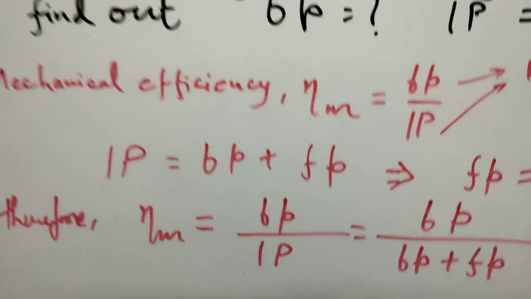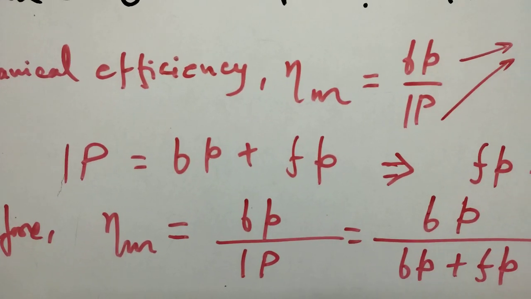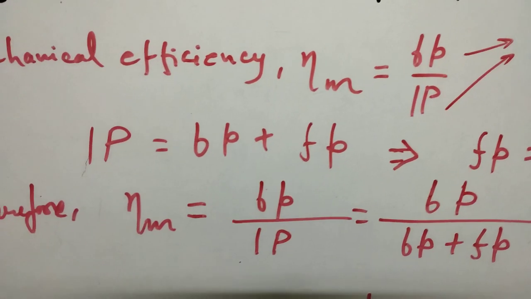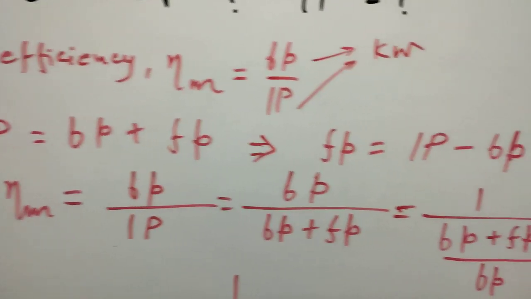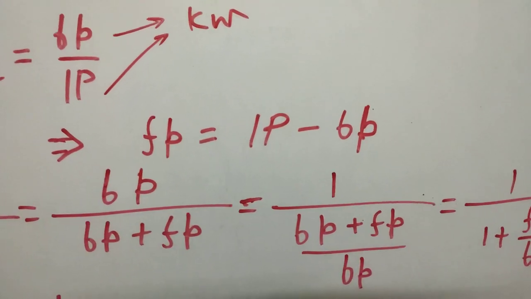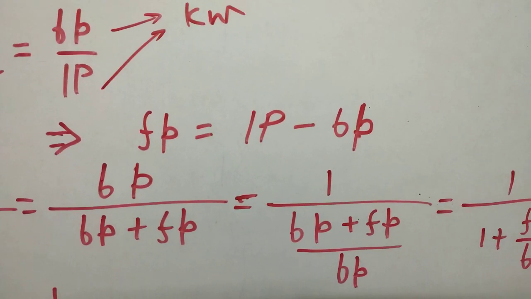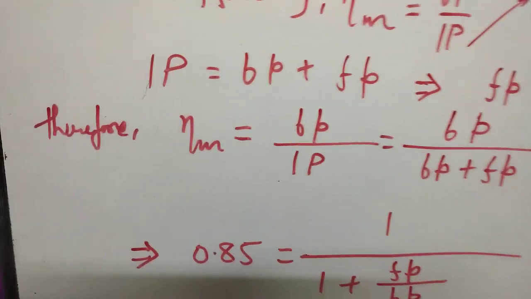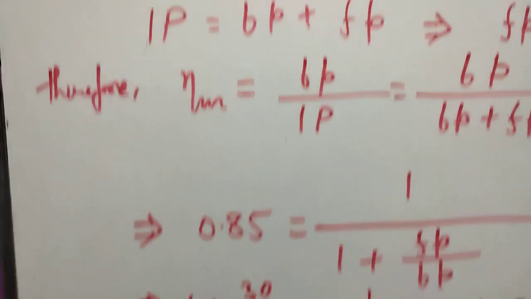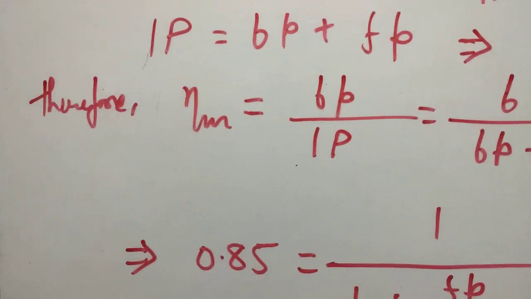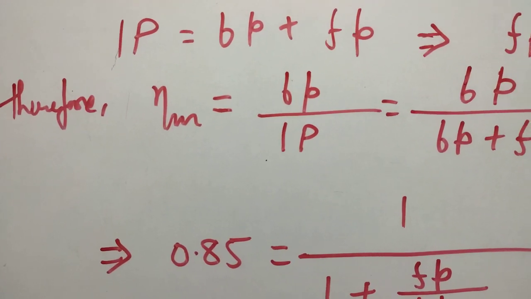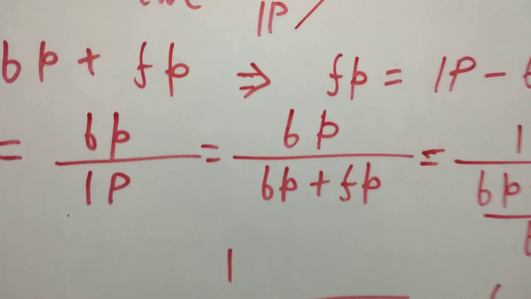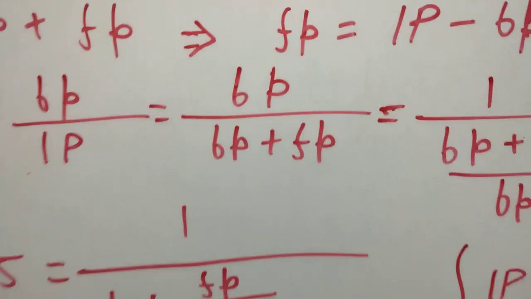Also we know that the indicated power equals brake power plus frictional power. So the frictional power Fp equals Ip minus Bp. We put the value of the mechanical efficiency eta m equal to Bp by Ip, and Ip equal to Bp plus Fp.